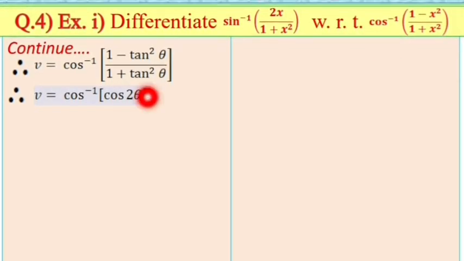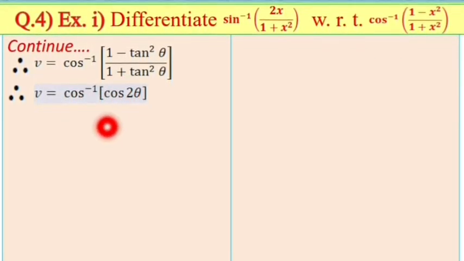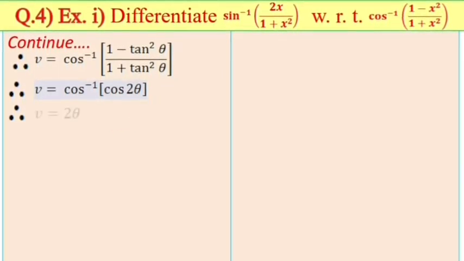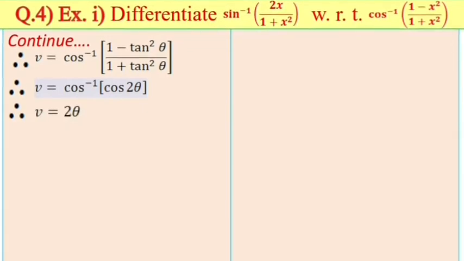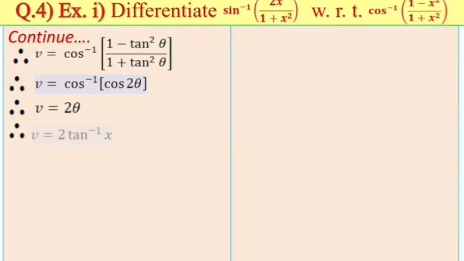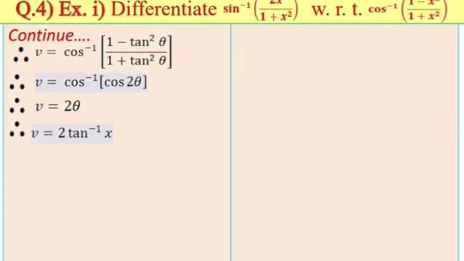Here cos inverse and cos cancel, only 2 theta remains, so v equals 2 theta. Now resubstituting the value of theta, v equals 2 tan inverse of x.